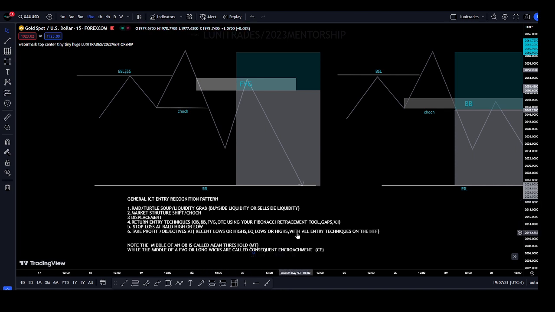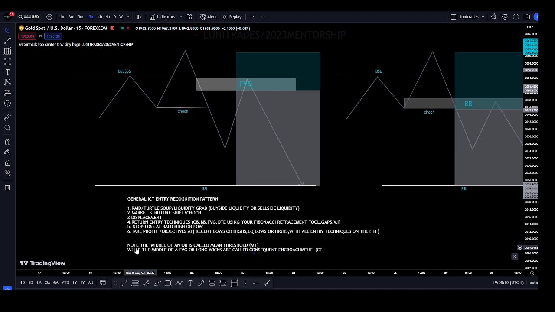So all the entry techniques could be an order block at the bottom, or let's say a fair value gap too, or OTE, or gaps or volume imbalance. When price's objective is getting to that point, you want to get out of the trade, so your take profit can be at those levels. When we're taking examples, you're going to understand more on that.